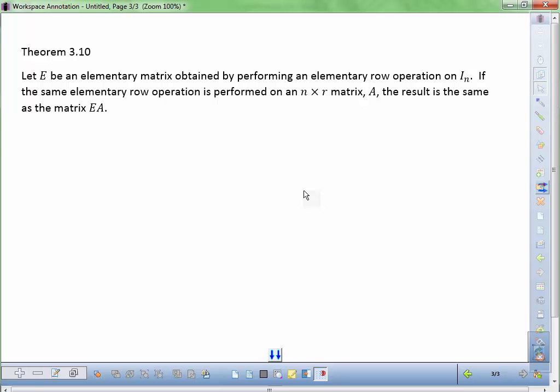Let A be an elementary matrix obtained by performing an elementary row operation on the identity. If the same elementary row operation is performed on an n by r matrix, the result is going to be the same as multiplying. We already showed that, without actually proving this particular theorem.